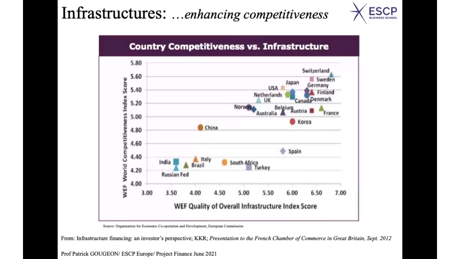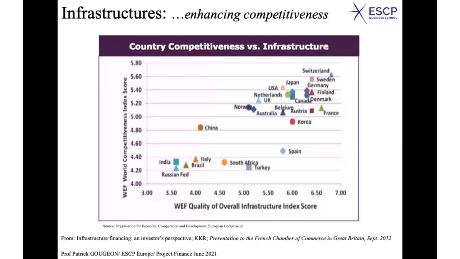You see on this map that, for instance, the Russian Federation has a very low index, or India also, meaning that the infrastructures are poorly developed here. And if you look at Switzerland, for instance, or Germany, Finland, France, even, European countries in general are on the extreme right, meaning that you have the highest index score for infrastructures, okay?